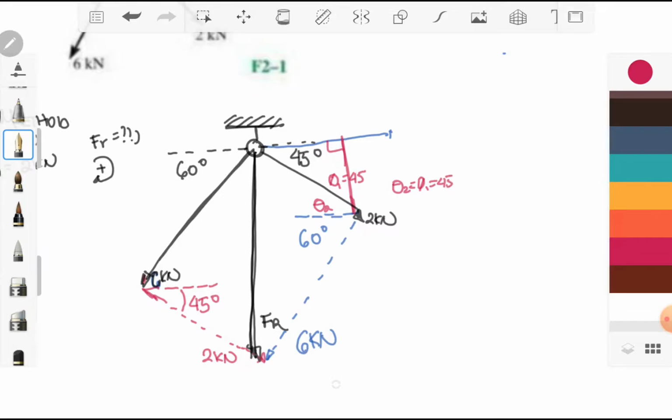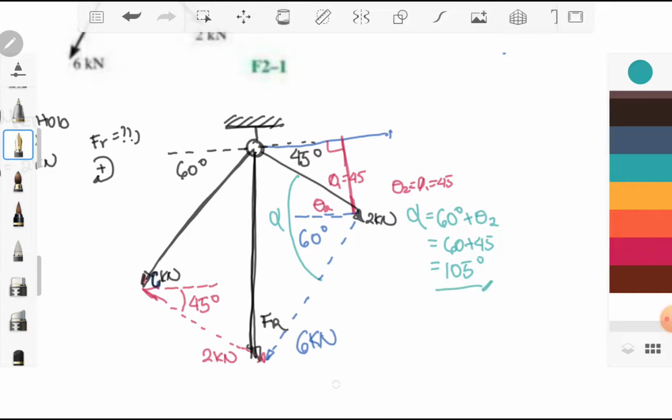So this angle I will indicate as angle alpha. My angle alpha is equal to 60 degrees plus my theta 2, which is 60 plus 45 degrees, or 105 degrees.